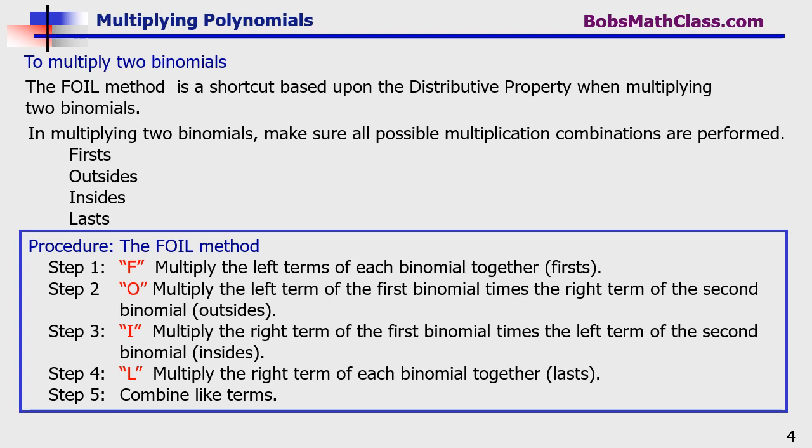We're going to pause and write that down. Again, F stands for the firsts, O stands for the outers, I stands for the inners or insides, and L stands for the lasts.